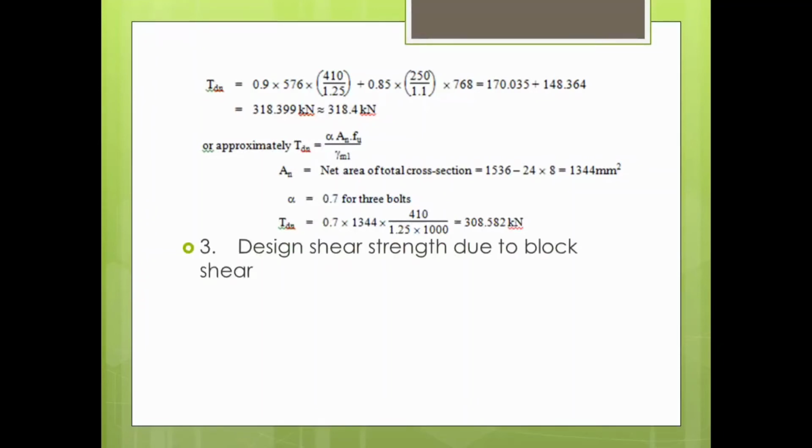And the third value: when to consider this equation and when to consider the total equation?